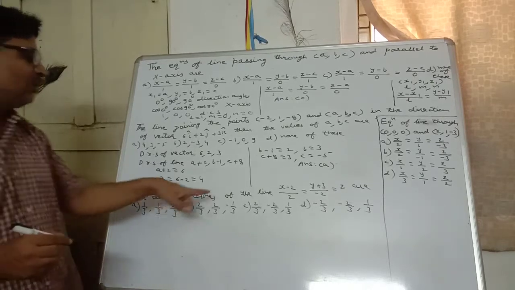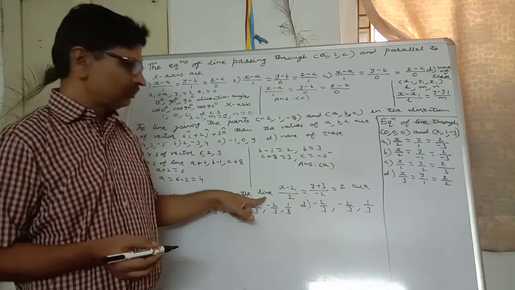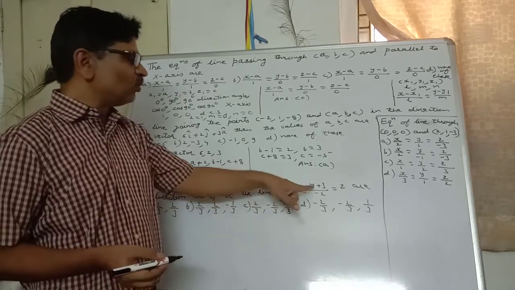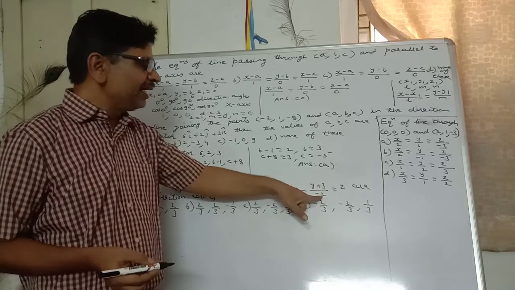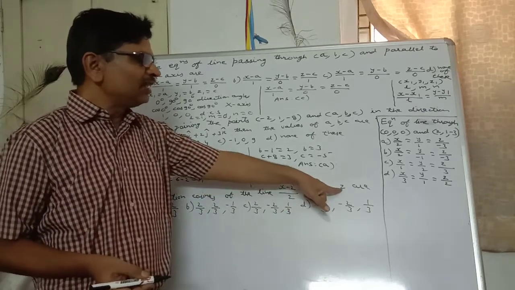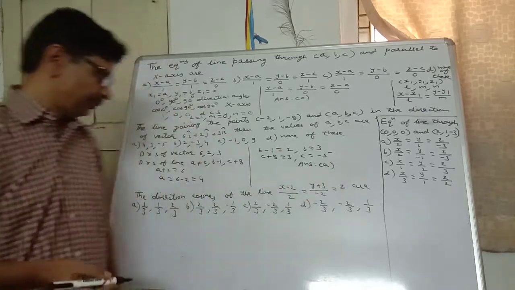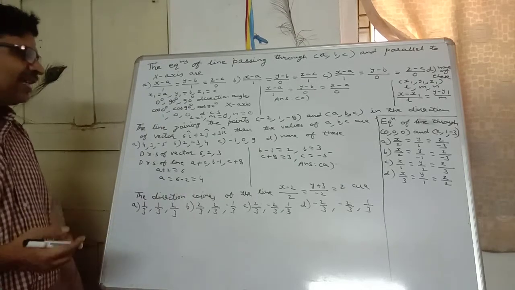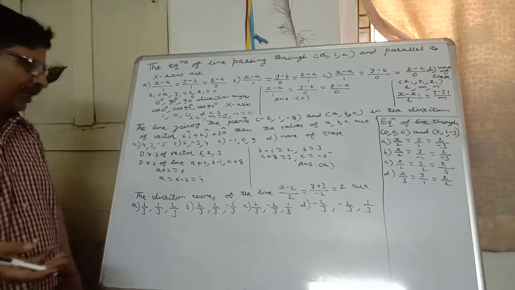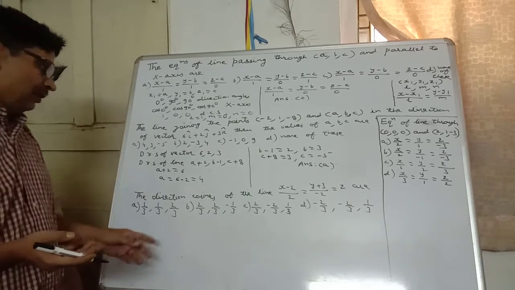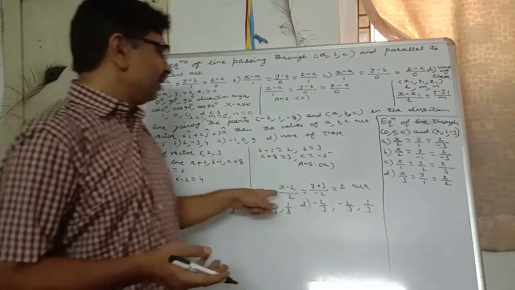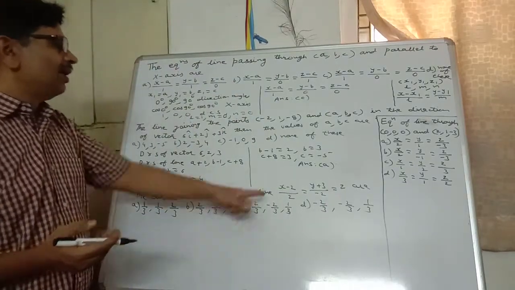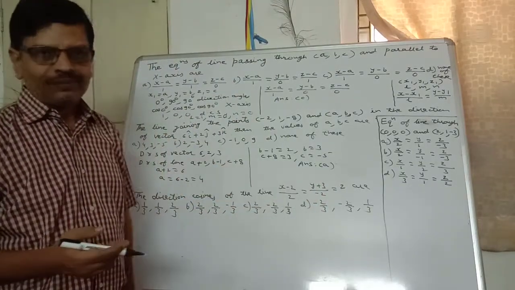The direction cosines of the line (x minus 2) upon 2 is equal to (y plus 3) upon minus 2 is equal to z are. In the options, direction cosines are given. Now here the equation of the line is given in Cartesian form.